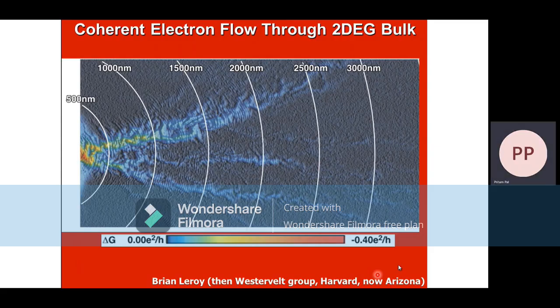In this picture you can see that they were able to image the trajectories over which electrons travel in a two-dimensional electron gas. So these are beautiful experiments.